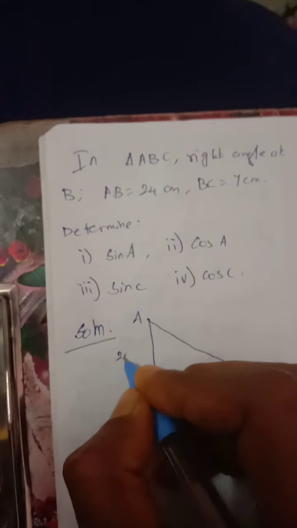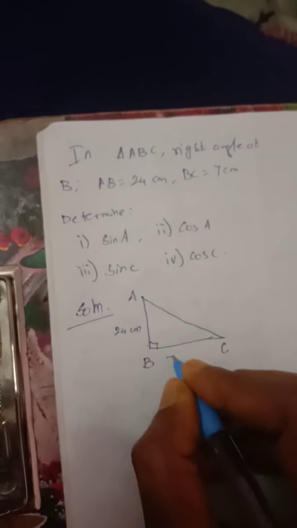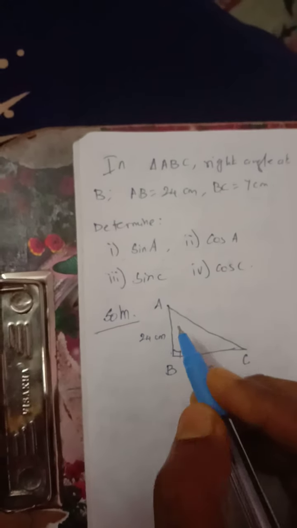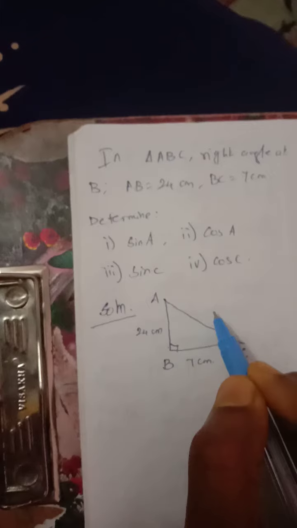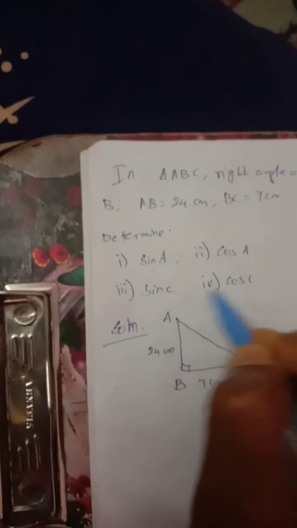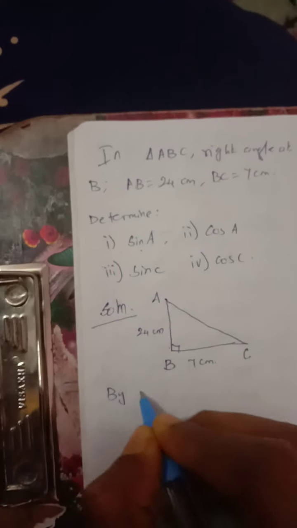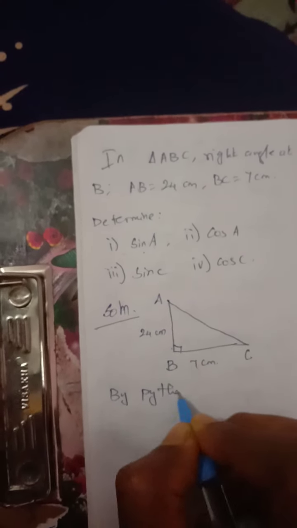AB is 24 centimeter. BC is 7 centimeter. As I told you already, if a right angle triangle is given, first find all the three sides. Find the unknown side first, then it will be easy to find the trigonometry ratios. So how to find the third side? By Pythagoras theorem.